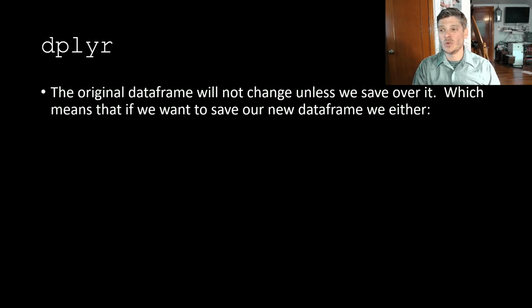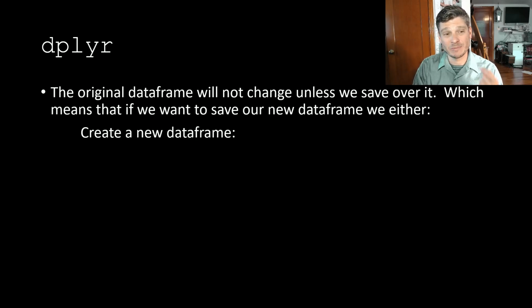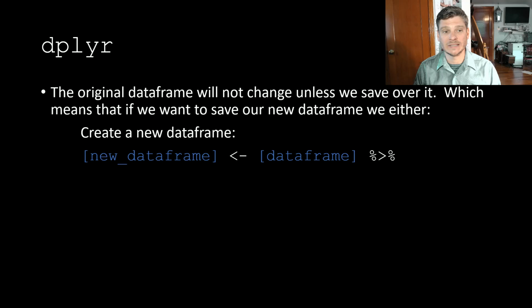And so we can either save it as a brand new data frame, right? We can create a brand new data frame where we would have, again, new data frame, and then we're going to store, right, in that new data frame. Well, we take our old data frame from what we started with, and we're going to pipe that into our functions, all right? So that's, again, if we want to store it brand new in a brand new data frame and still preserve the old one, right?